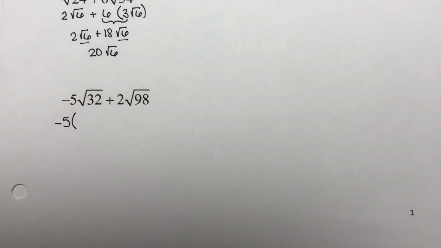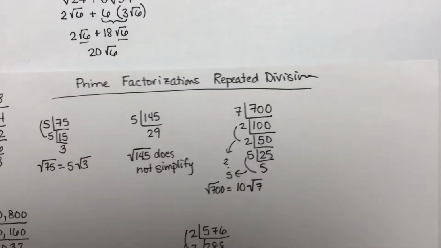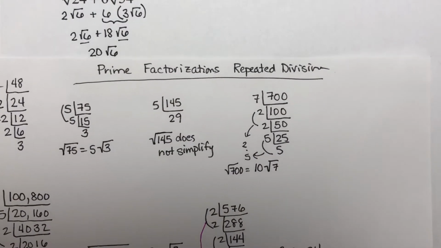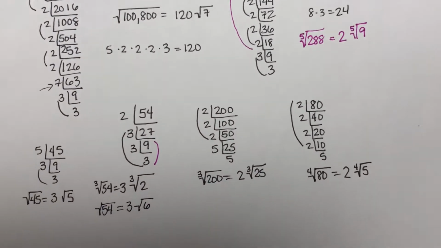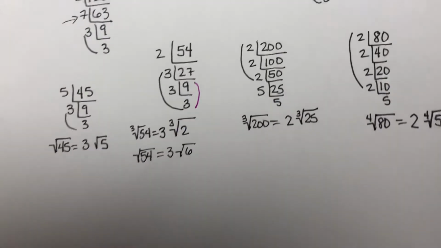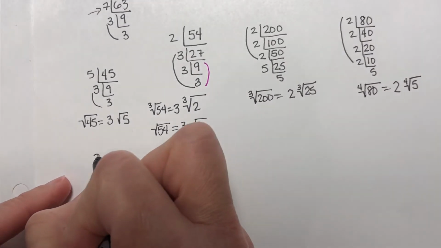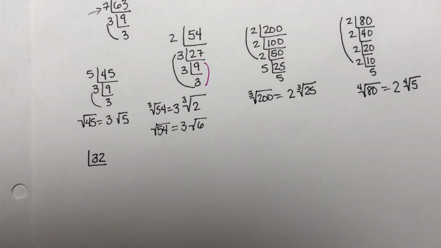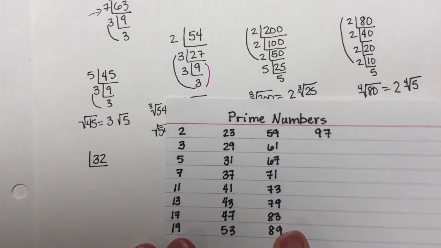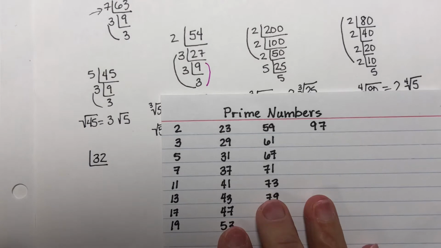I need to simplify the square root of 32, so I need the prime factorization of 32. I glanced through everything we have done, and I do not see a 32 anywhere. Remember, we want to find a prime number that divides evenly into 32.